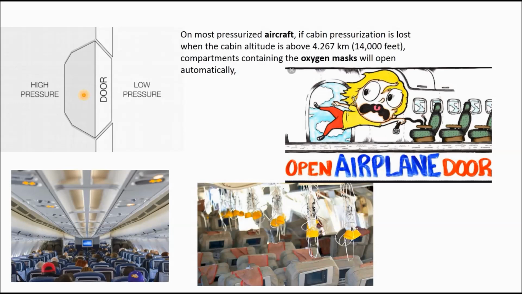And even if your cabin altitude goes more than 4 or 5 kilometers, the cabin pressure sometimes comes down. To maintain that, our human body requires more air, more oxygen. That is the reason the oxygen mask falls down. Only if you understand the pressure methodology can you understand how all these concepts work.